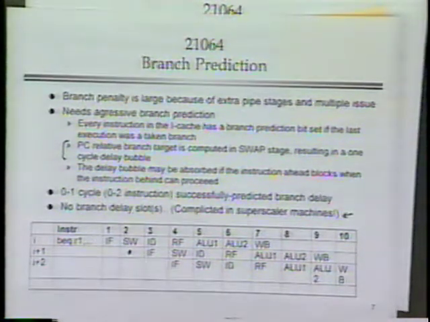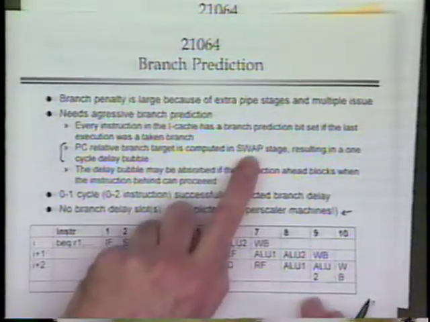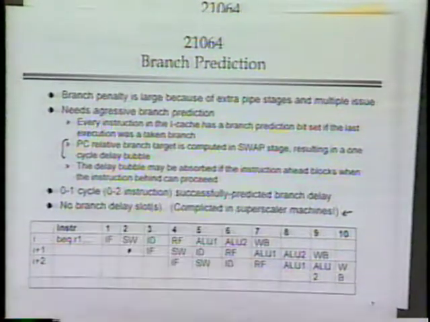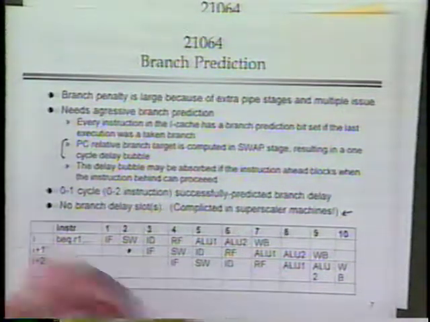What the 21064 does have for subroutine returns is a stack that the hardware implements that allows it to predict subroutine return addresses. Notice they can do this PC relative target early in the swap stage in the case of a conditional branch. They can't do that for a return from subroutine because, just as you were pointing out, you'd have to wait until the end of ALU1 maybe, or at least register fetch.